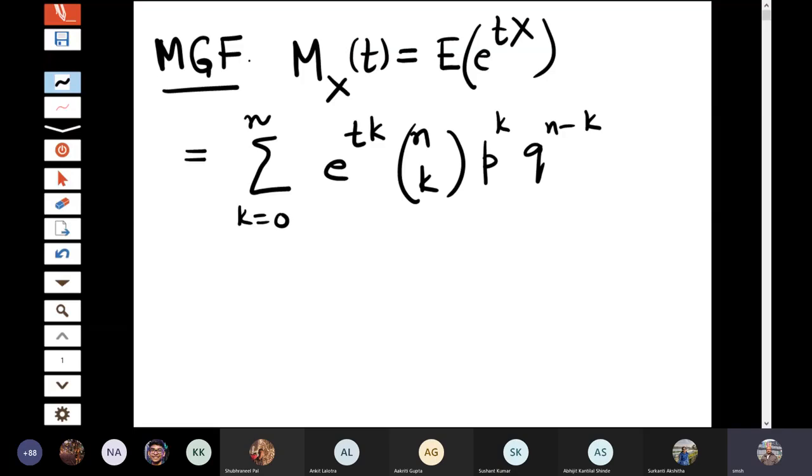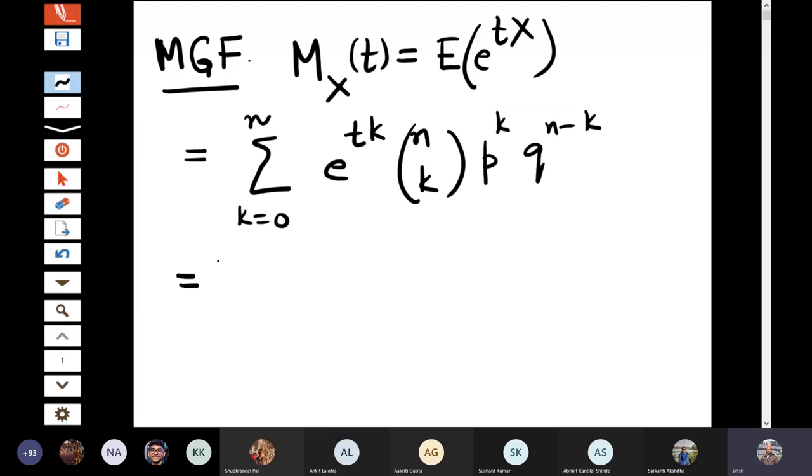So we look at the moment generating function of the binomial distribution. It is expectation of e to the power tX, and so that is equal to summation e to the power tk, nCk p to the power k q to the power n minus k.